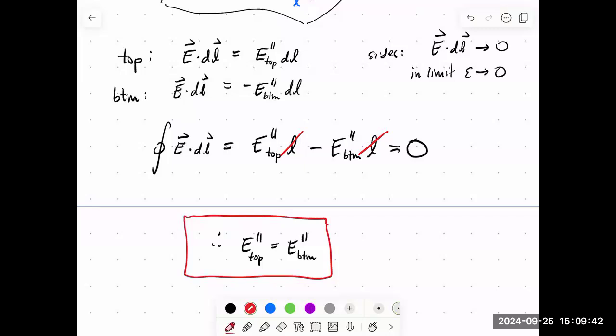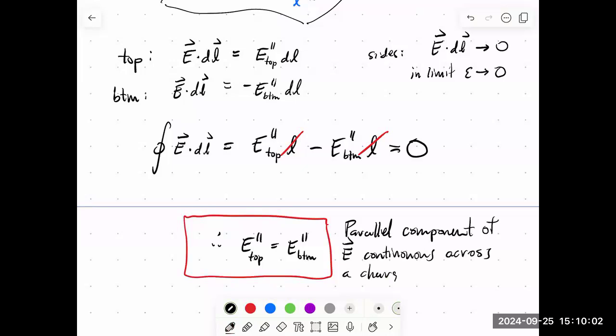Only the perpendicular component goes through a change. So the parallel components of E are continuous across a charged boundary/surface.